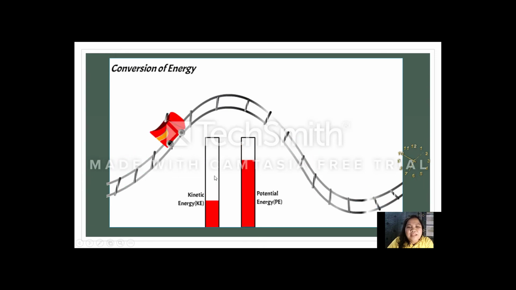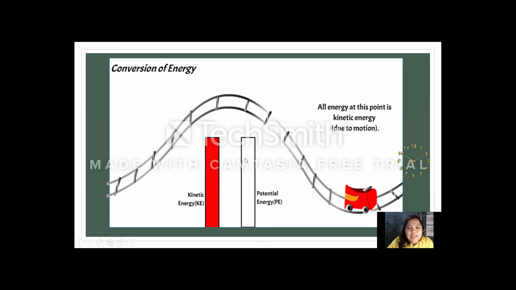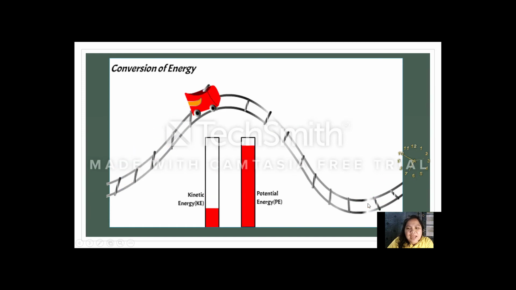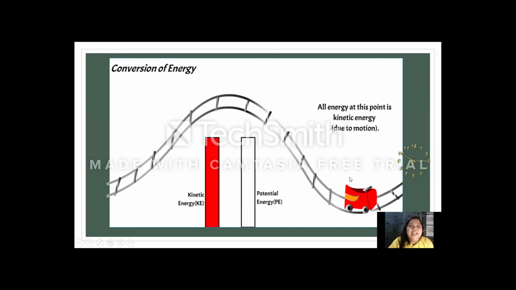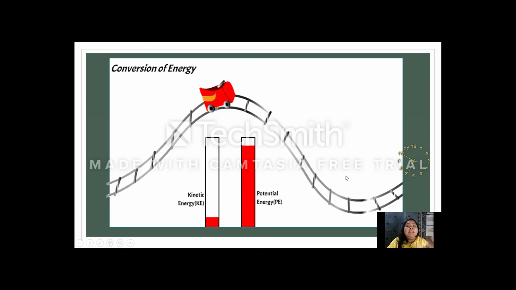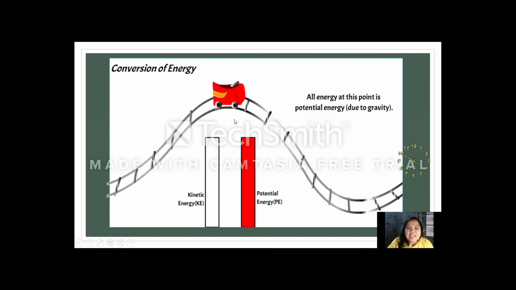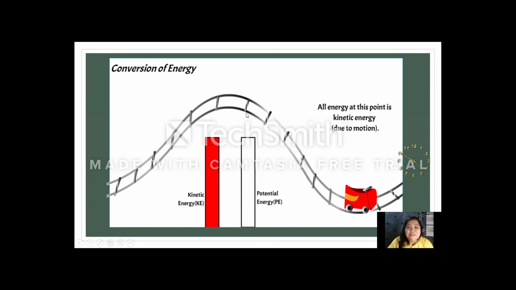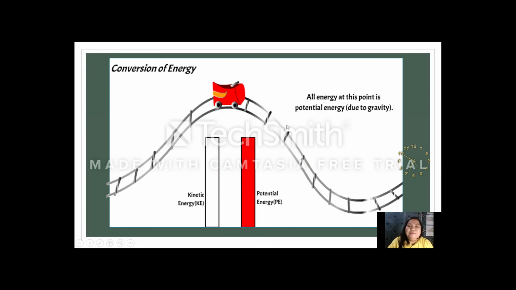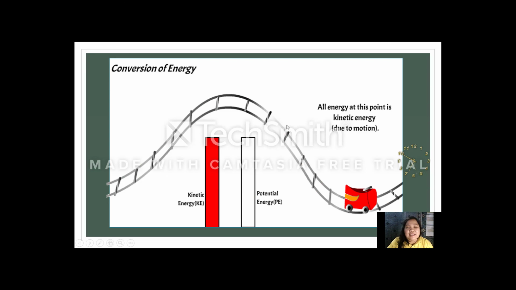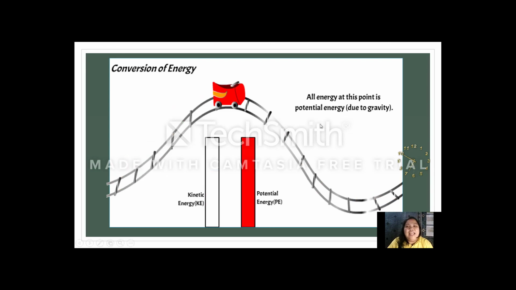There. So, you can see, we have potential here and then full kinetic energy here. Okay? So, there is conversion of energy. No energy is lost. It is only transformed into different forms. So, from kinetic, it became potential. Then, from potential, we have kinetic energy.